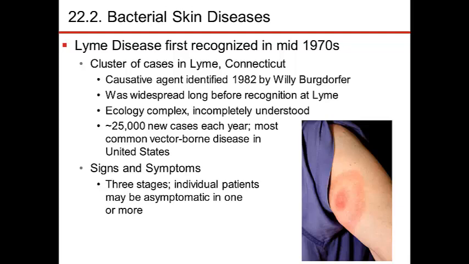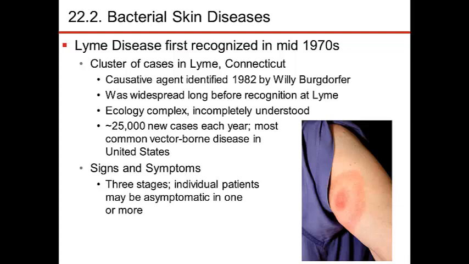Lyme disease was recognized as a separate entity in 1976 because of geographic clustering of children in Lyme, Connecticut, who were thought to have juvenile rheumatoid arthritis. It became apparent that Lyme disease was a multisystemic illness that primarily affects the skin, nervous system, heart, and joints.